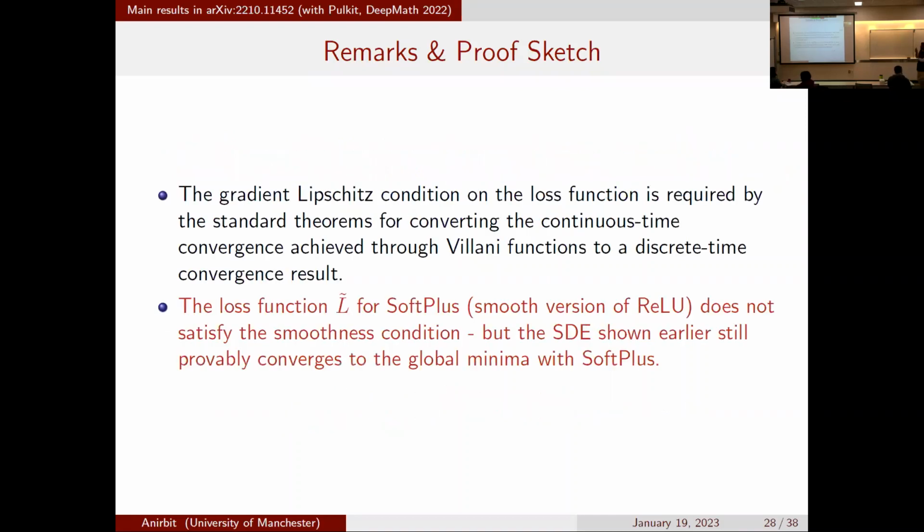A few more remarks. The gradient Lipschitz condition, as has already come up in the questions, is necessary when we invoke the standard theorems to go from the SDE to the SGD. Which is why, if you use a softplus activation, which is like a smooth version of ReLU, I cannot get a discrete time convergence at this point, but I can get the SDE to still converge, because that part of the story still works out fine.